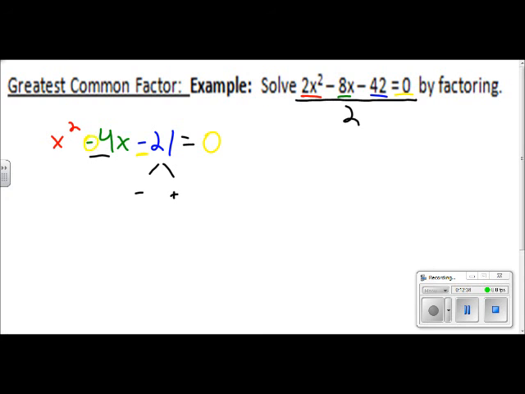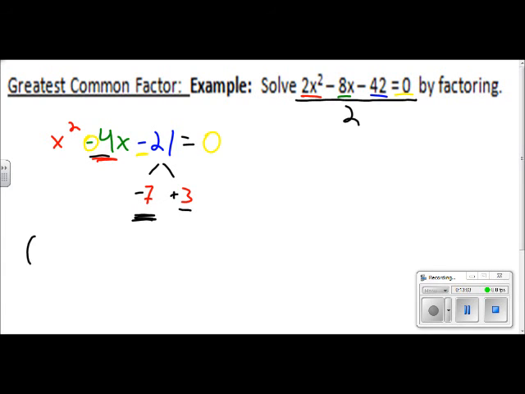Because our b value is also negative, the larger value has to be the negative one, and our smaller value is our positive one. We can probably tell from here that the factors of 21 are going to be 7 and 3. And again, 7, the larger of the two values, is the one we want negative. That way, when we take negative 7 plus a positive 3, that comes out to our negative 4.